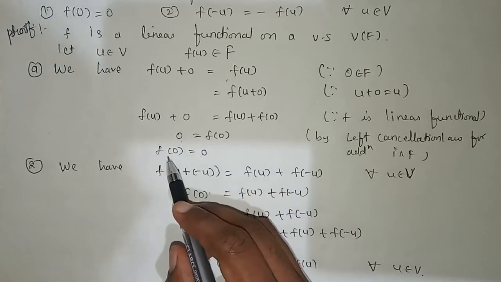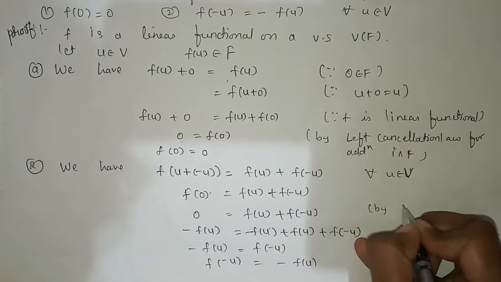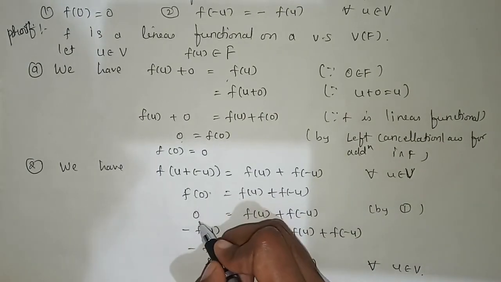Here we have proved in the first part that f(0) is equal to 0. So from the first part, we can write that f(0) is equal to 0.